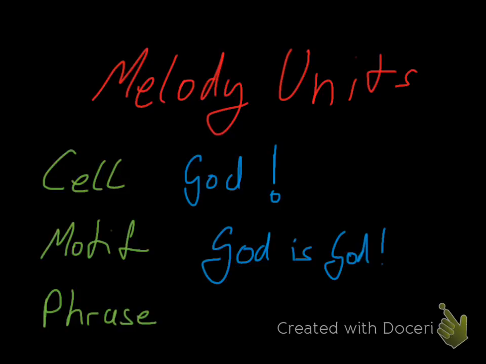Now if I connect a different motive, a shift of perspective that is, maybe I am not God and God is God, then I can actually construct a phrase, God is God and I am not, for instance. And that would be a phrase which then is a combination of ideas. Now it's two motives, two ideas combined together.